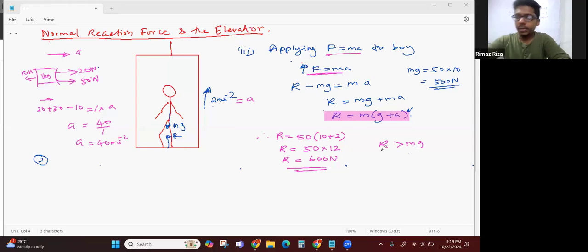Okay. So now Roman number 4, calculate this one. The lift is moving vertically upward with a constant acceleration of 4 meters per second squared.